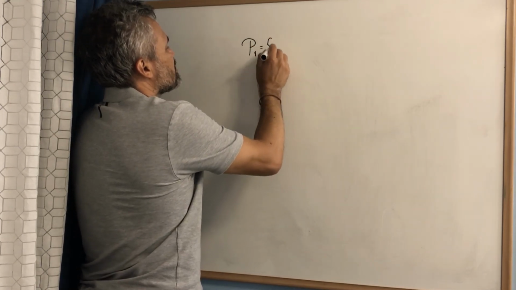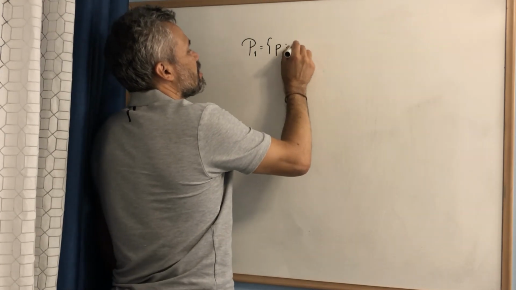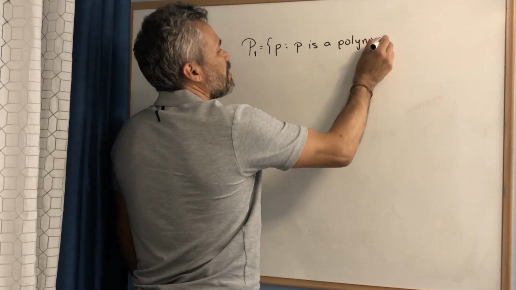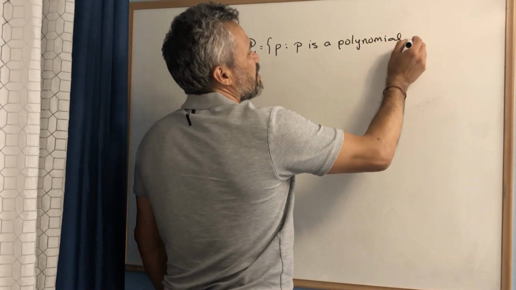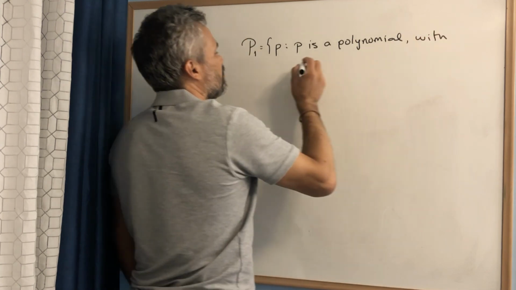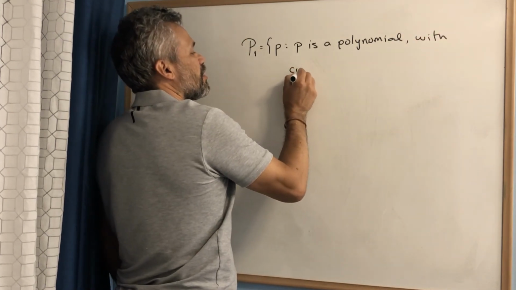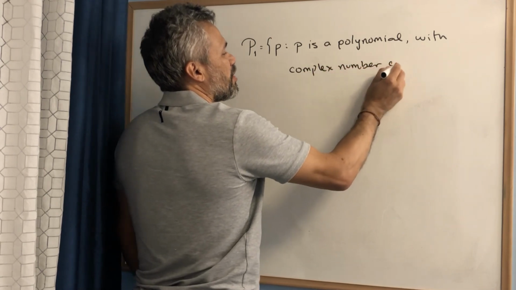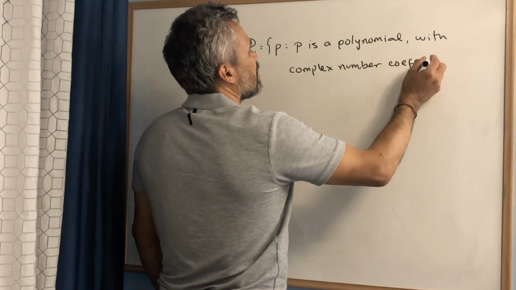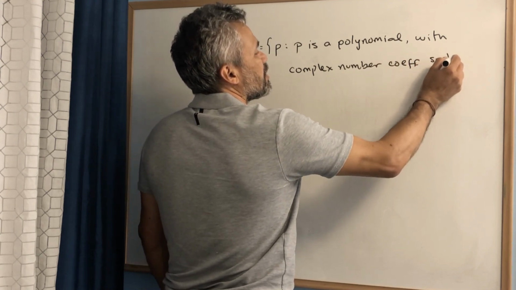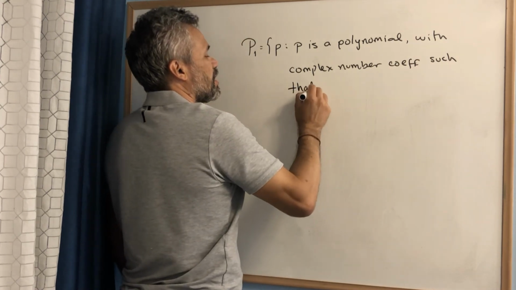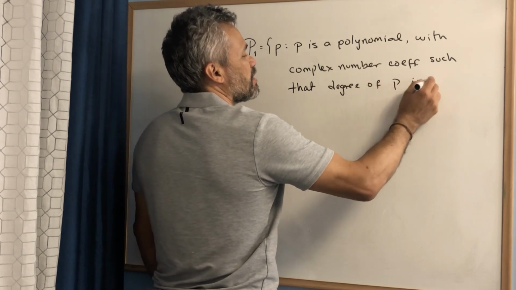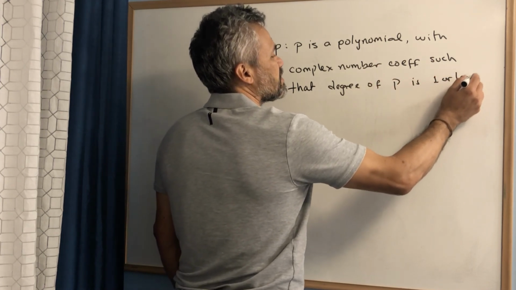Let's define this as P1, the set of P such that P is a polynomial with complex number coefficients, such that the degree of P is 1 or less.